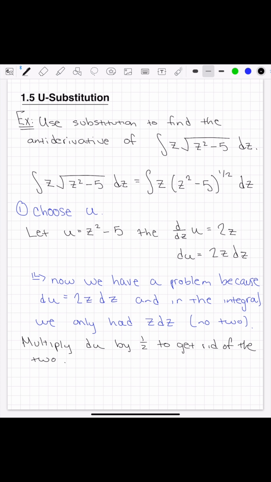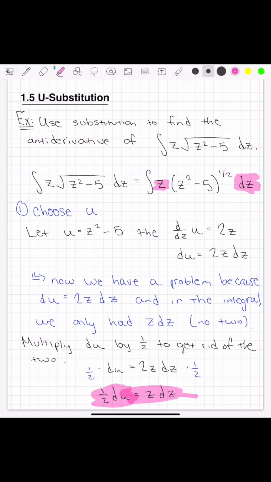We have du is 2z dz. Multiplying both sides by 1/2, we get 1/2 du is equal to z dz. So when we replace the z dz in our integral, we have to replace it with 1/2 du, not just du, because du had the 2 too.